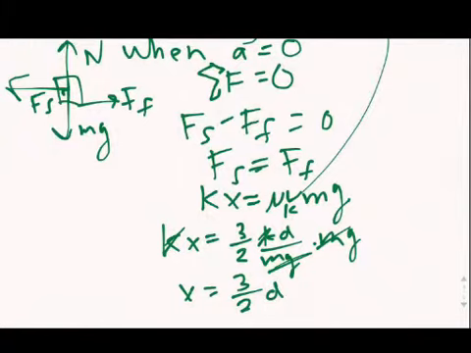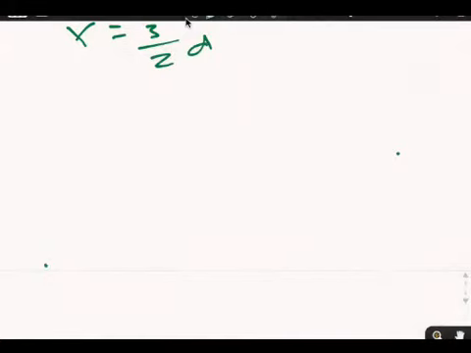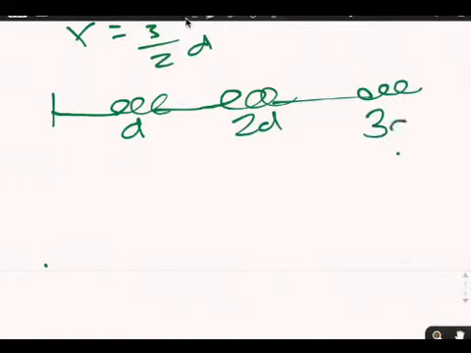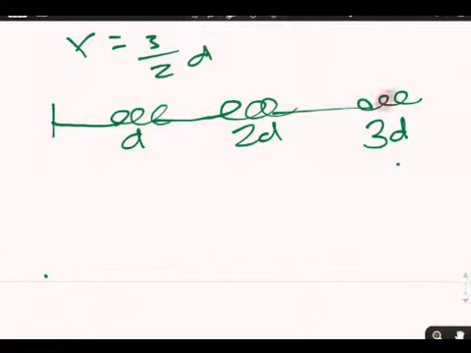Now that was from the 2D mark. So what we found was we had our equilibrium position, we have 2D, we have 3D. It was released from this point that was 2D away from equilibrium. Remember?